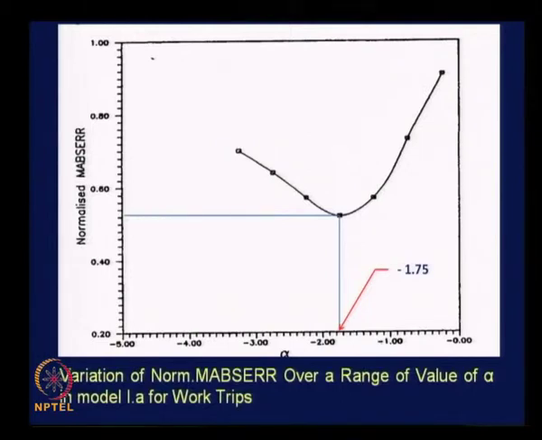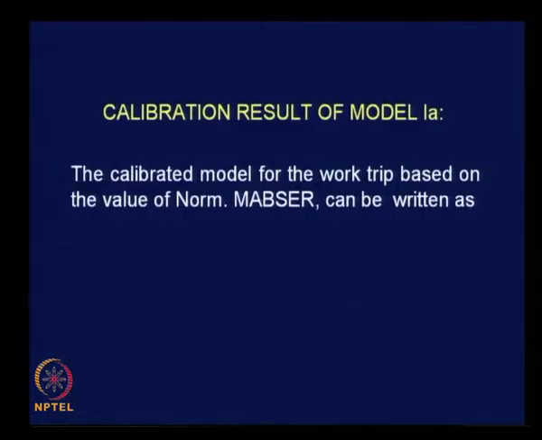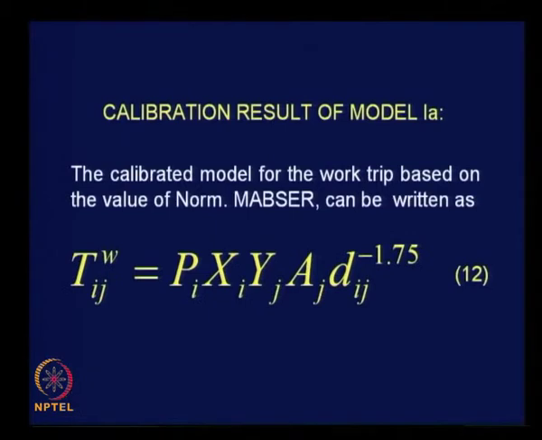Once you know the value of alpha, then you can write the calibrated form of the gravity model like this. This is the calibrated gravity model, very simple.